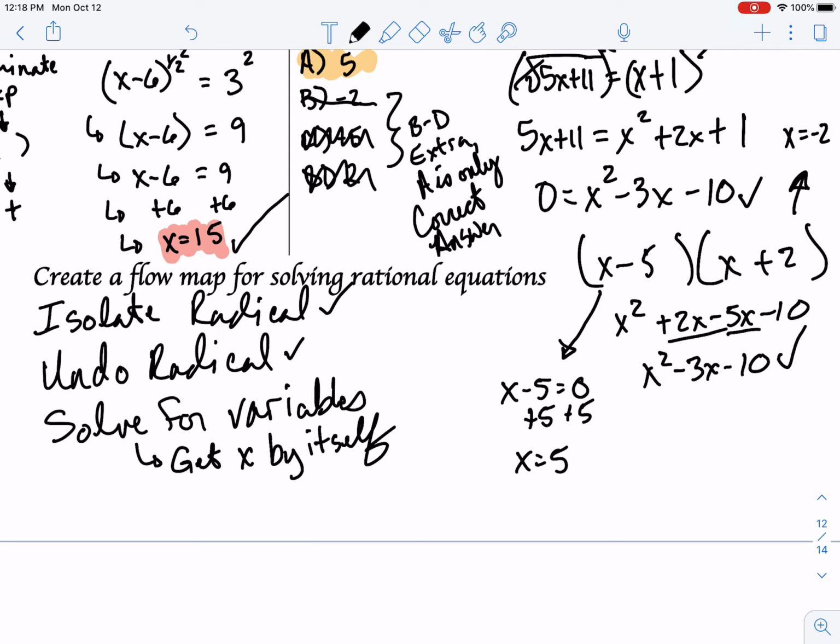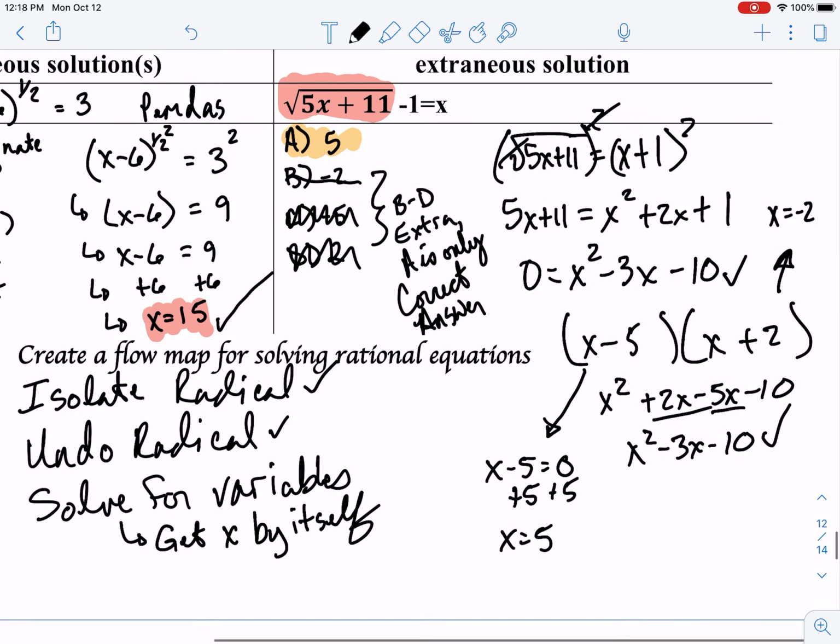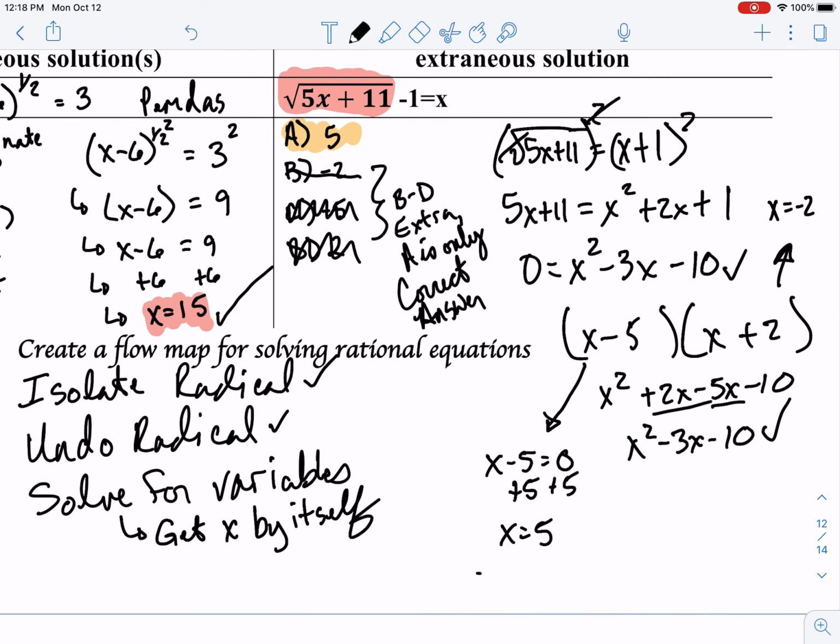And again, what you would do here is plug these answers back into your original equation if we were doing this by hand. So square root of 5 times 5 is 25, plus 11, minus 1 equals 5. Square root of 36 minus 1 equals 5.